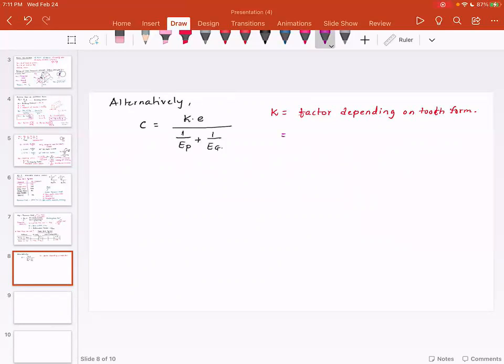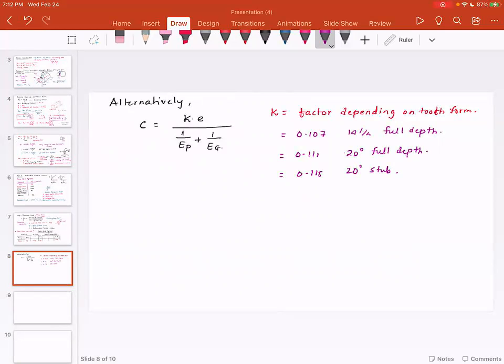So for example, if you have 14.5 full depth, usually the value of K is 0.107. If you have a 20-degree full depth, this will be 0.111. And if you have a stub gear profile, this will be 0.115 for 20-degree stub.